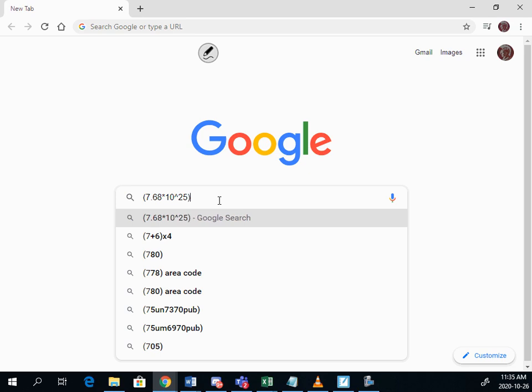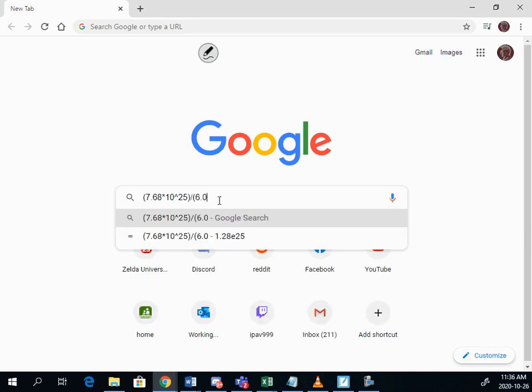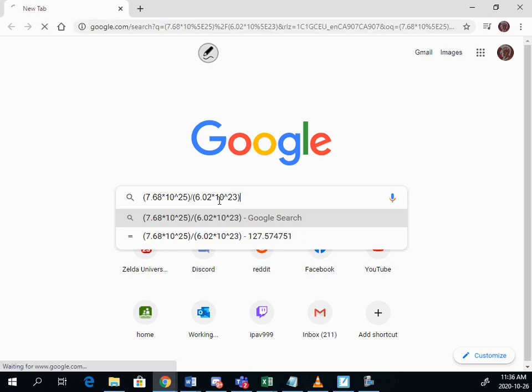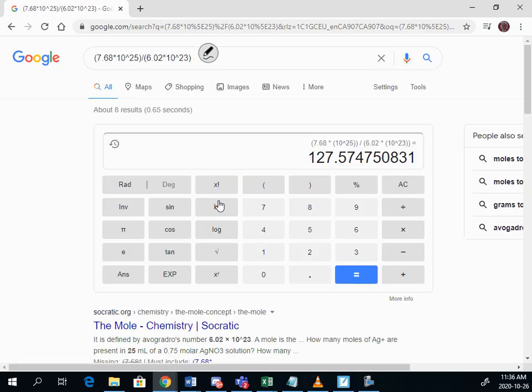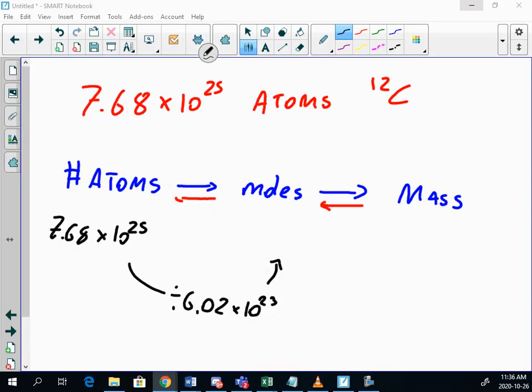And notice how I've used the carets there for 10 to the power of 25. And I divide by 6.02 times 10 to the power of 23. And when I do that, I get my answer, 127.574. So in this case, 128 moles. I rounded up to 128 because that gives me 3 sig figs here, just like I have 3 sig figs here.